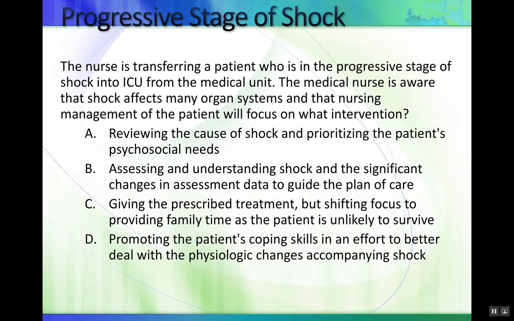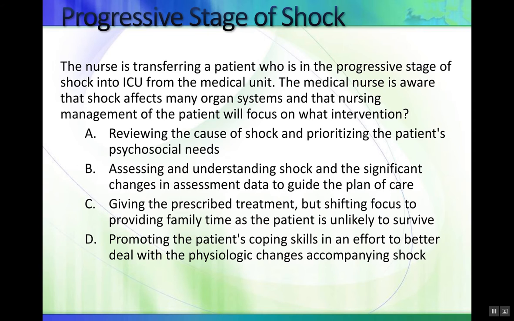And what's important in the progressive stage of shock is that we need to figure out, assess and understand the shock, figure out what kind of shock it is. And this is kind of a weird question, but it's the significant changes in assessment data to guide the plan of care. So we're really focused on what's happening with the patient at this point in time, because in the second stage of shock, the mechanisms that control blood pressure aren't compensating anymore.